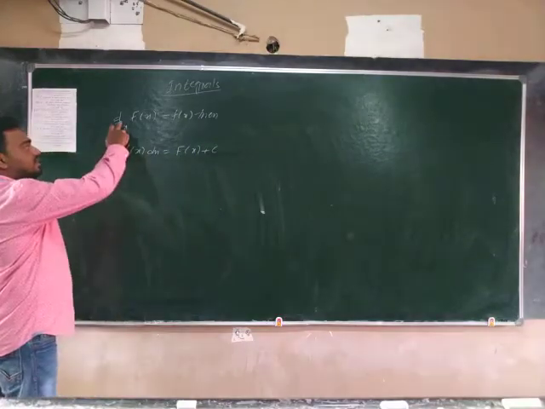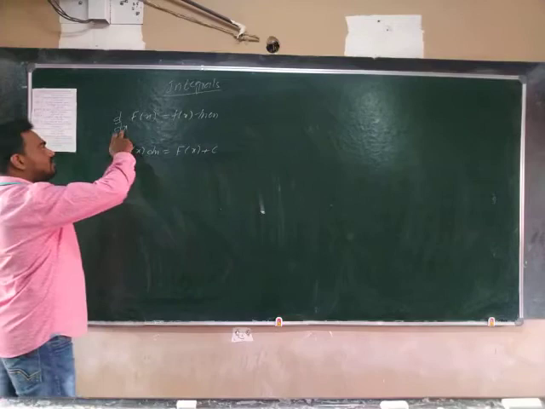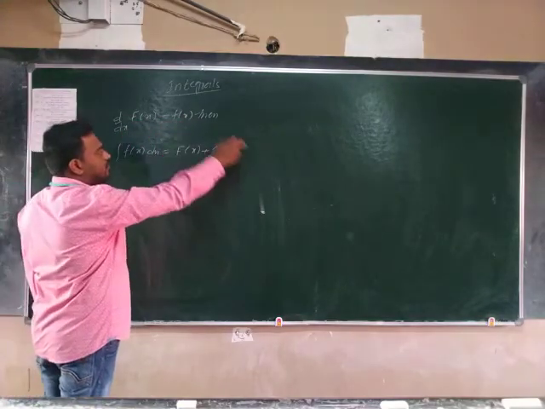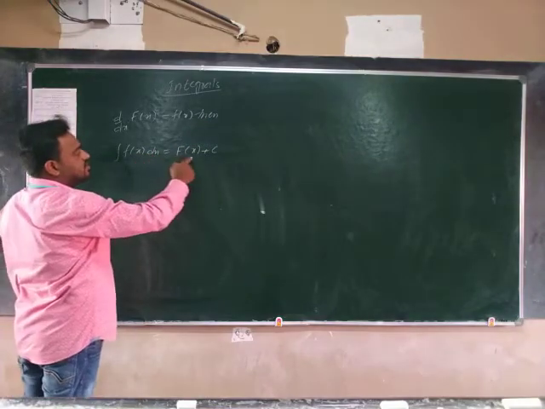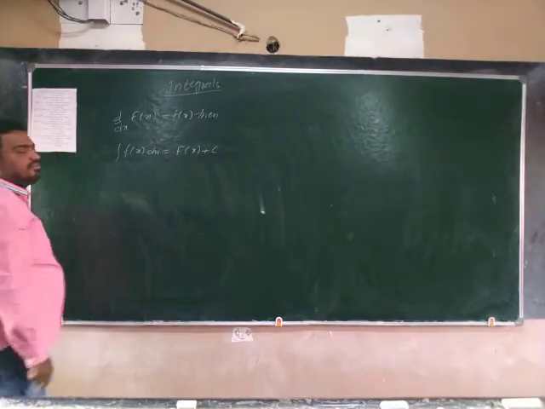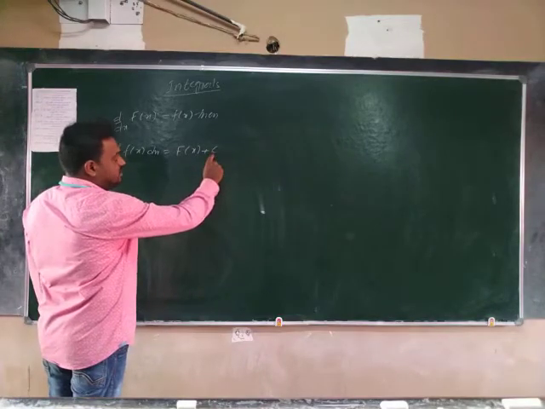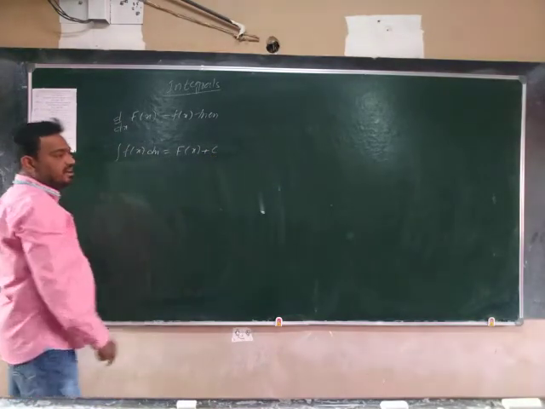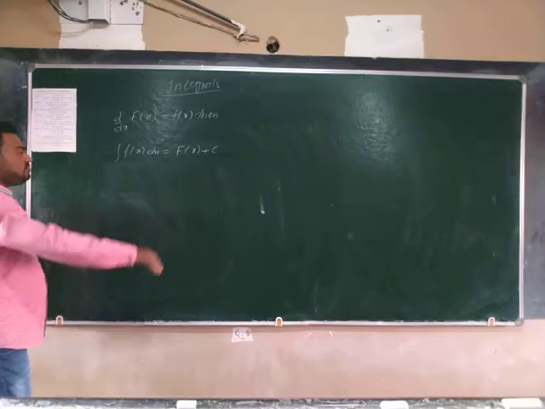Understood? Derivative of capital F of x is equal to small f of x, then integration of f of x dx is equal to capital F of x plus c. Here small c is called the integral constant.